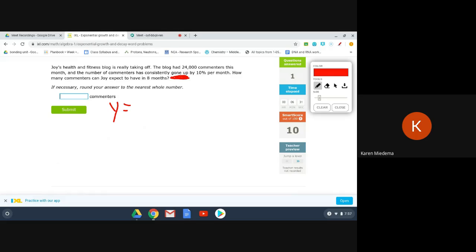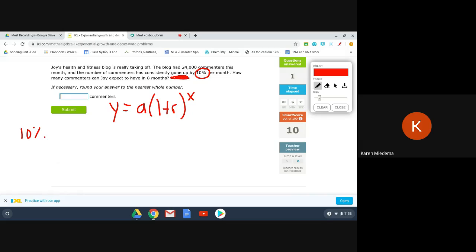So y equals a times 1 plus r to the x. Now, it's gone up by 10% per month. But remember that in this formula, r has to be written as a decimal.